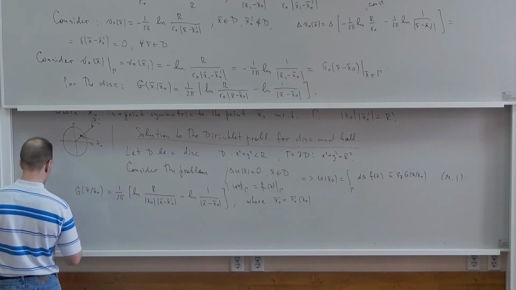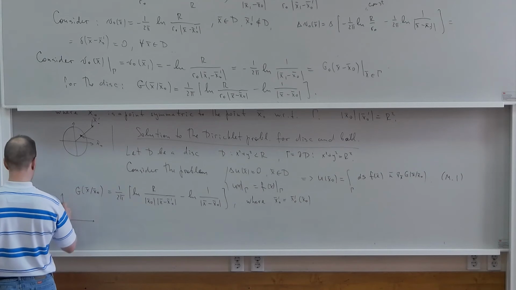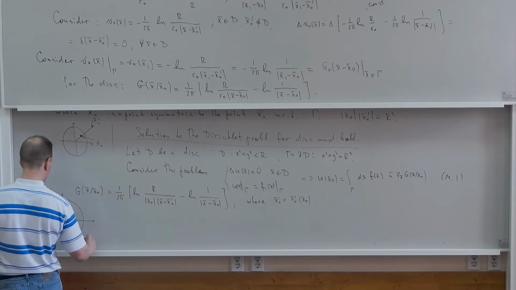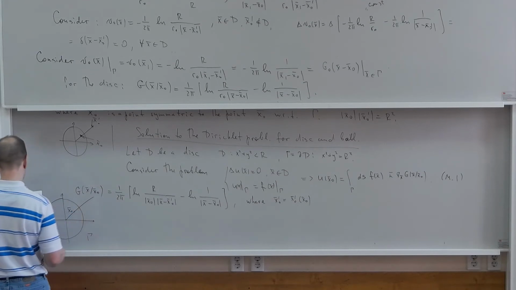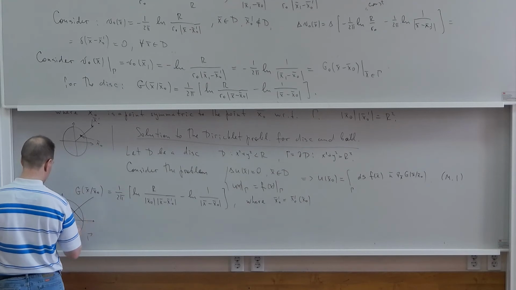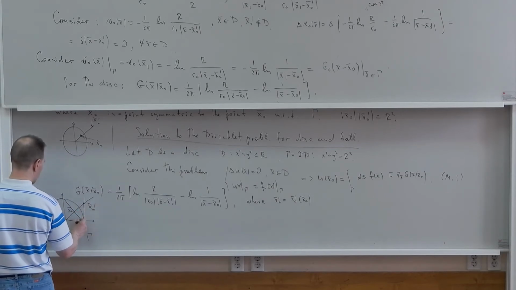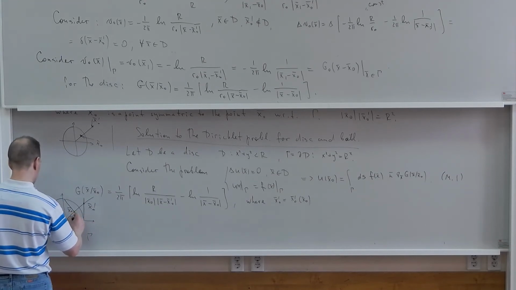And let me draw a picture. The circle gamma. The point 0. So point x0 prime, and this angle theta.